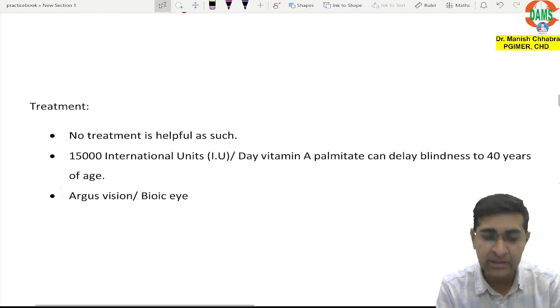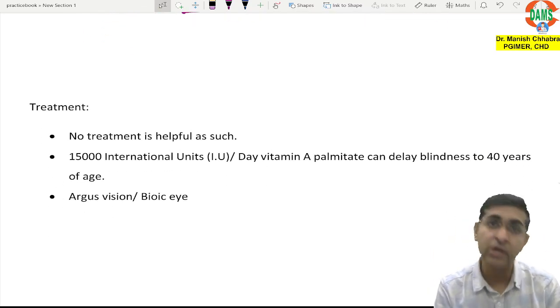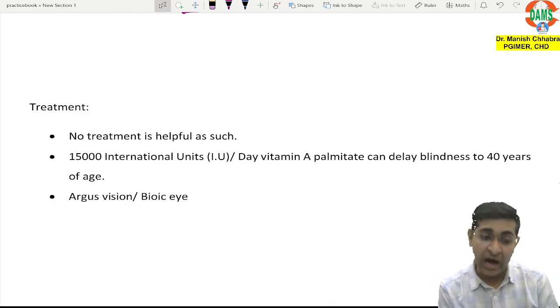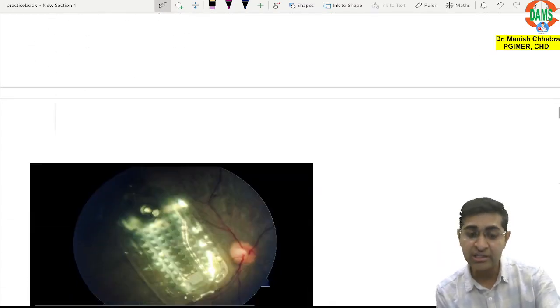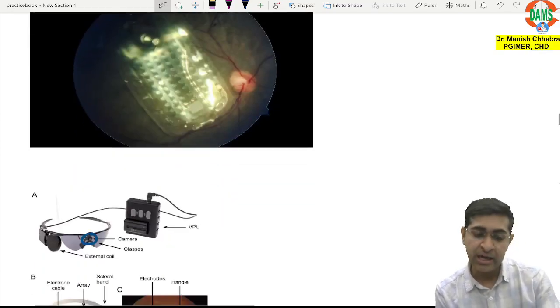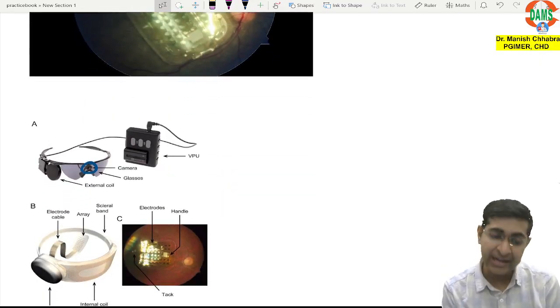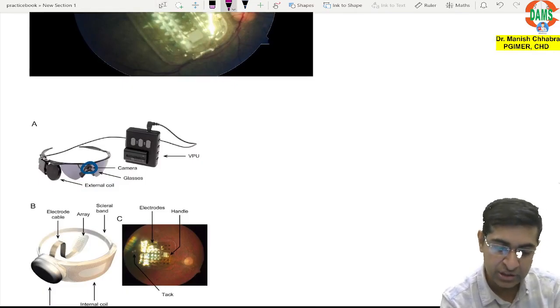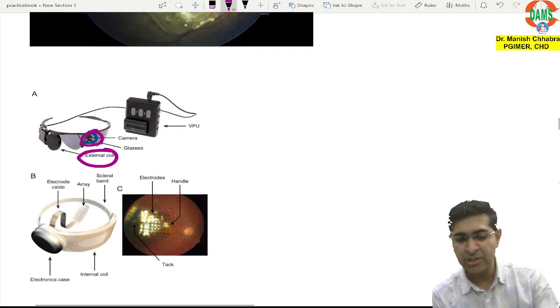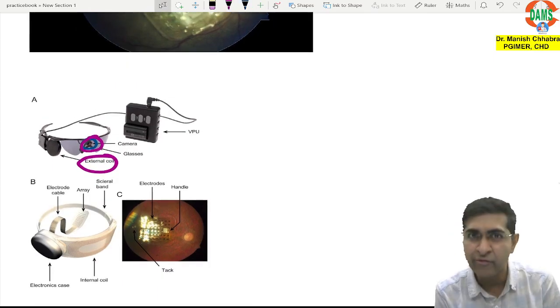The other new emerging modalities are the bionic eye, Argus vision, in which there is implantation of an electrode in the retina, and there is an external coil and a camera, and the patient will have a minimum amount of vision.